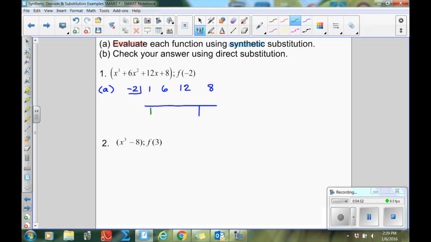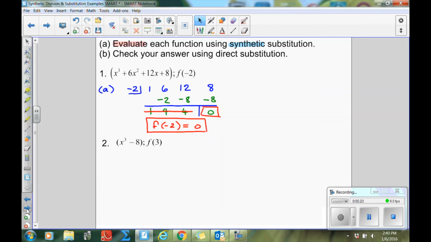Bring down, multiply by -2, add, multiply by -2, add, multiply by -2, add. Because the directions said evaluate instead of divide, we do not need these values. All we need is the remainder. And we would write our answer indicating that the function evaluated at -2 is equal to 0. If the directions had asked us to divide, I would need the row of numbers that I crossed off instead, plus the remainder.